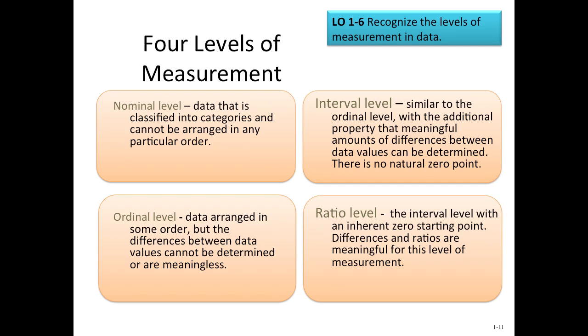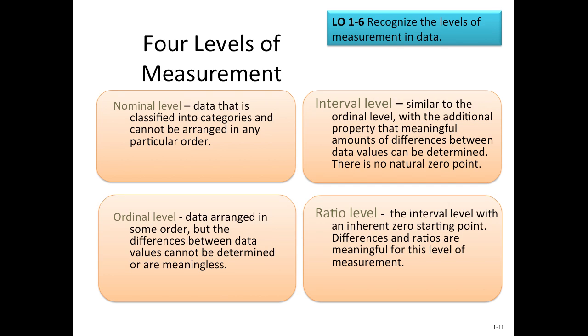Interval. The difference between interval and ratio is the 0 point. An interval level measurement will have all the same characteristics as nominal and ordinal, but it adds equal spacing.